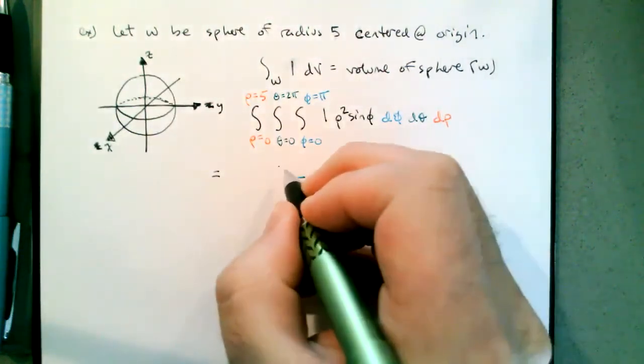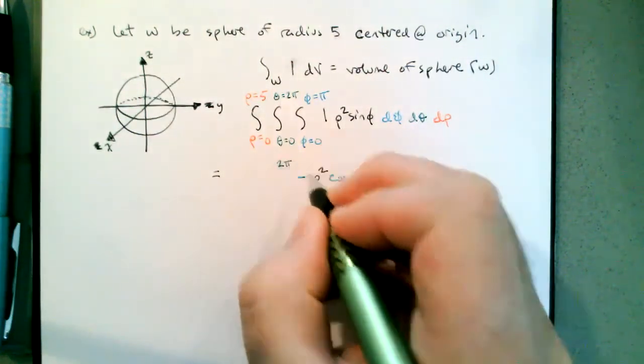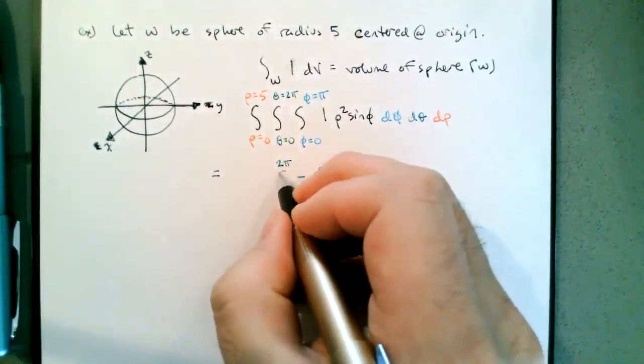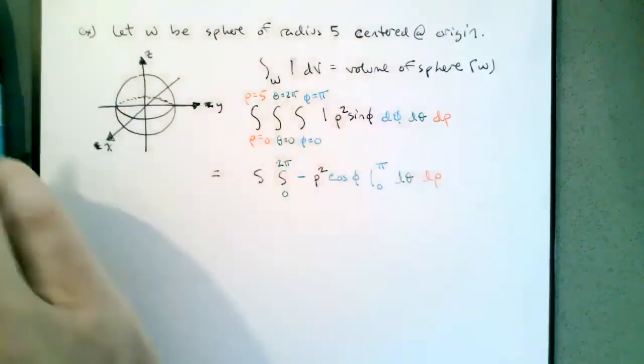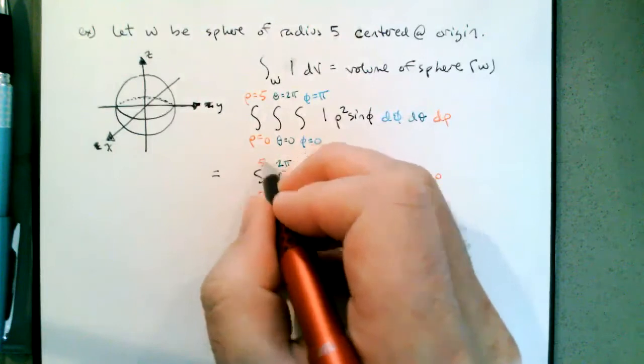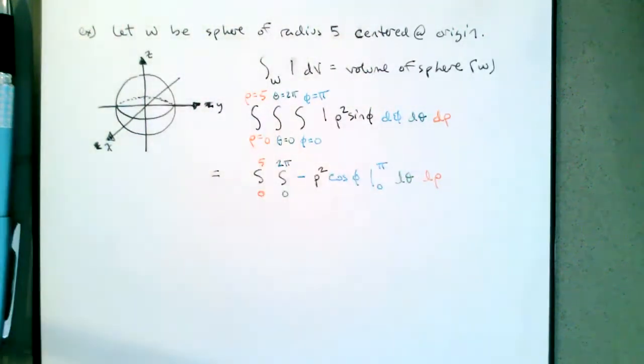My d theta integral is going to go from 0 to 2 pi, and my d rho integral is going to go from 0 to 5. So I need cosine of pi minus the cosine at 0.